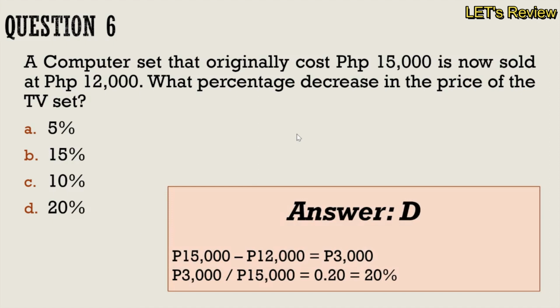The answer is D. 15,000 minus 12,000 is 3,000 pesos. And 3,000 divided by 15,000 is 0.20 times 100 is 20%.